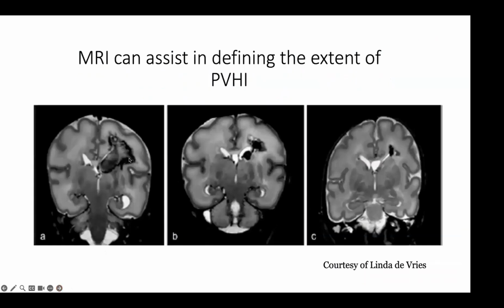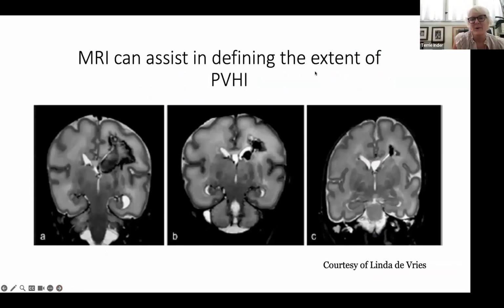Let's talk about the preterm infant. I think MR does have a role, and there are several things that it is really helpful for. One is the extent of hemispheric injury in a so-called grade 4, or a parenchymal venous hemorrhagic infarction. You can see here there are 3 parenchymal venous hemorrhagic infarctions: on the right a very small one, in the middle a medium-sized one, and this is obviously a large one.